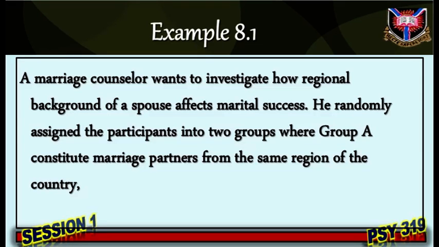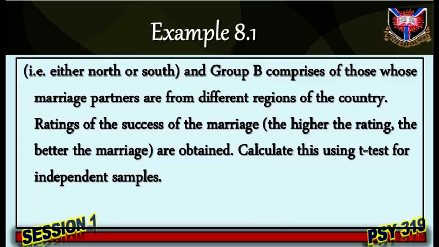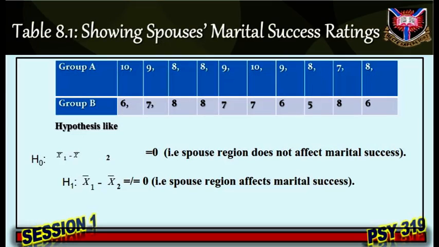He randomly assigned the participants into two groups, where Group A constitutes married partners from the same region of the country, that is, either north or south, and Group B comprises those whose married partners are from different regions of the country. Ratings of the success of the marriage, the higher the rating, the better the marriage, are obtained. Calculate this using the t-test for independent samples. Table 8.1 shows spouses' marital success ratings.